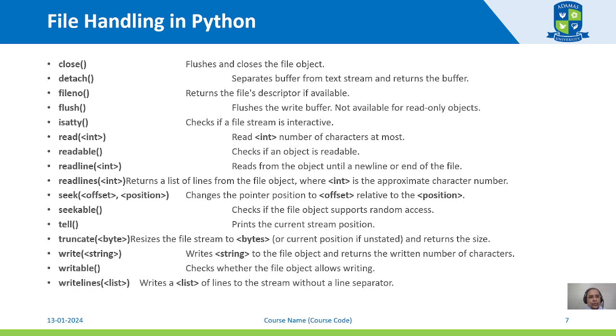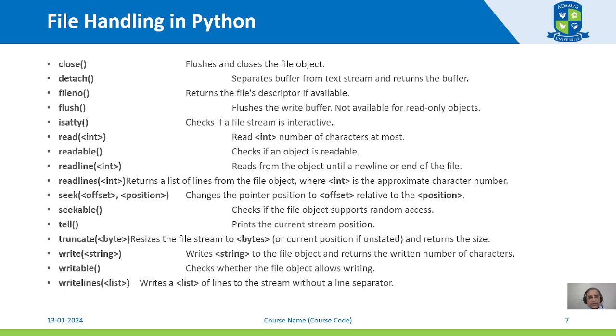fileno, file number, returns the file's descriptor if available, meaning what the file is and what kind of file it is, so everything will be returned.